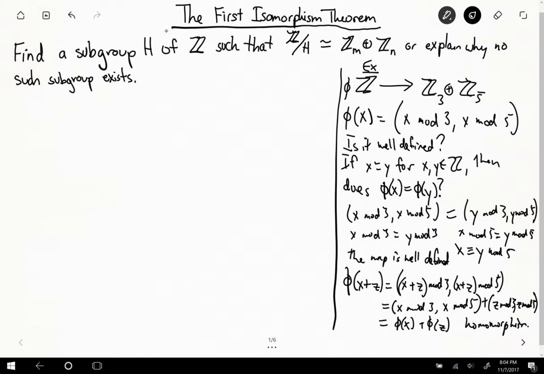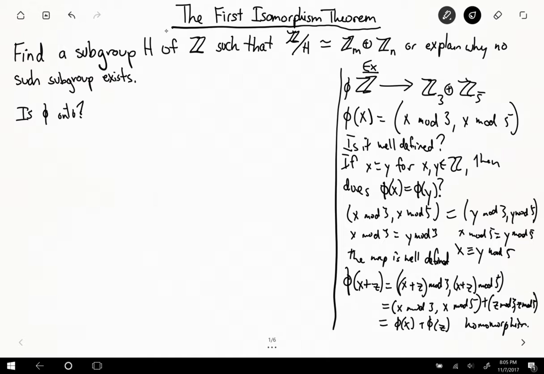Now, are we onto? Is phi onto? What do we need to look at?